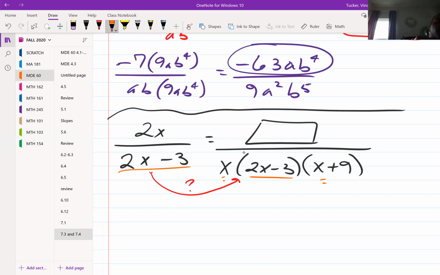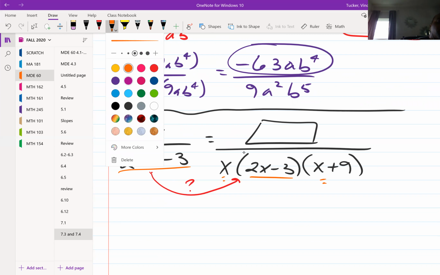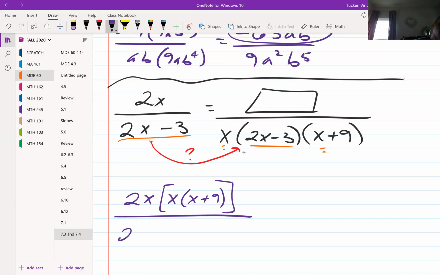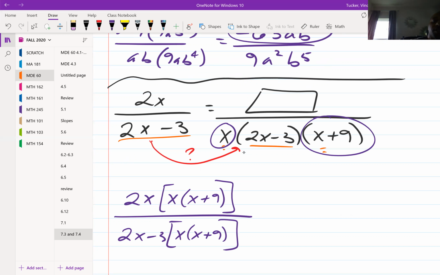So what you're saying is that 2x was being multiplied by x times x plus 9 to the top and bottom. Like I said, those were the missing pieces. We have x here and x plus 9 here, which are missing when you look at the first denominator.